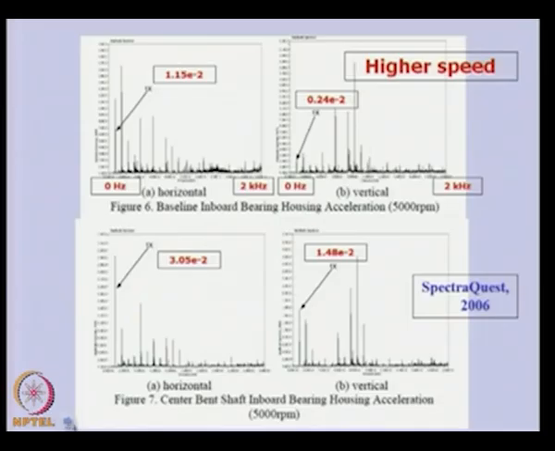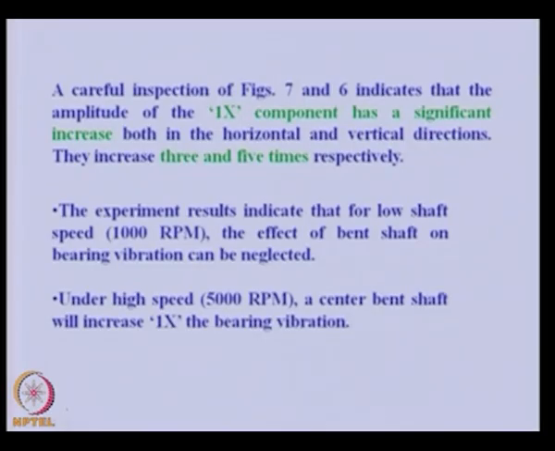A careful inspection of the previous two figures indicates that the amplitude at 1x, that is the rotational speed, has a significant increase in both the horizontal and vertical directions. They increase 3 to 4 times respectively.